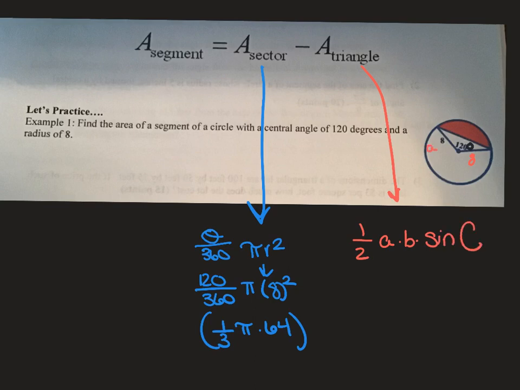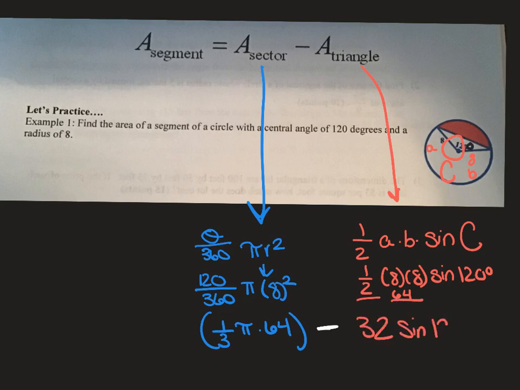This is my A, this is my B, and this is my included angle, big C. So I'm going to subtract away 1/2 times 8 times 8 times sine of 120 degrees. So 8 times 8 is 64, and I'll do the half times the 64. That makes 32 sine of 120 degrees. And you can literally just type this in the calculator the way that it is.